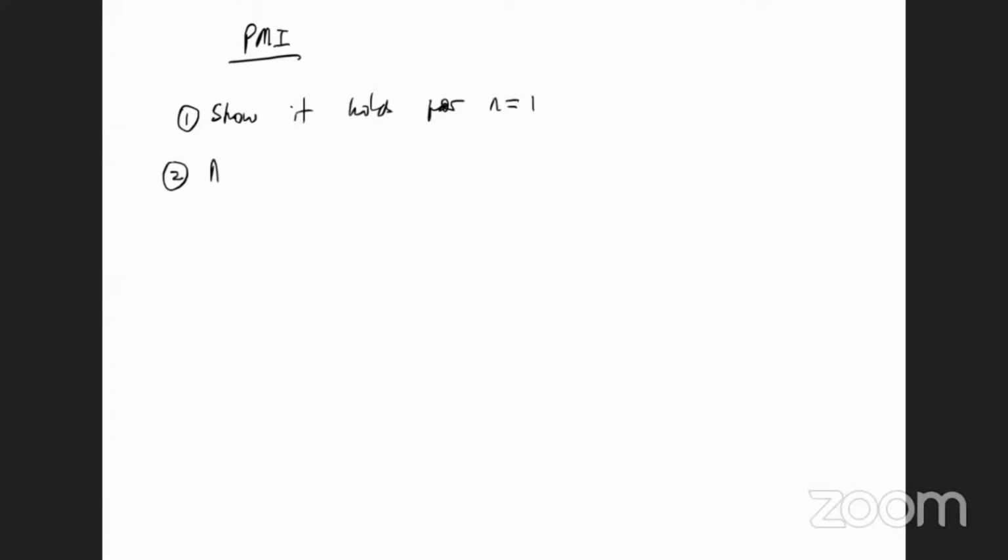Then we had to assume it holds for n equal to k. And then we had the main step: show it holds for n equal to k plus 1. Let's see if we can try a few now.